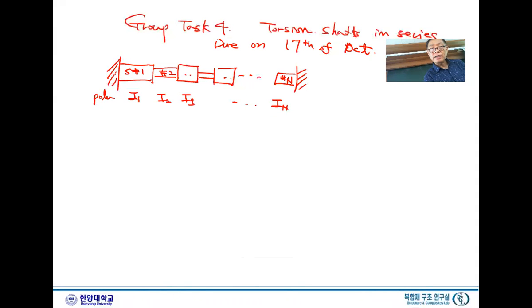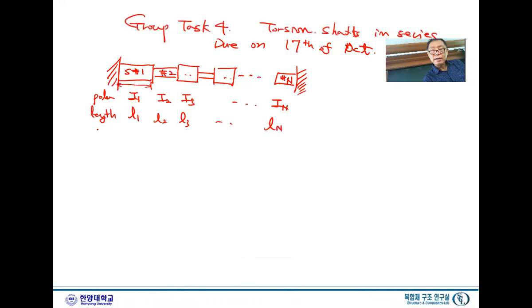Again, the left-hand side is fixed, and the right-hand side is also fixed. And each one has a length: L1, this length, and L2, L3, and so on, Ln.